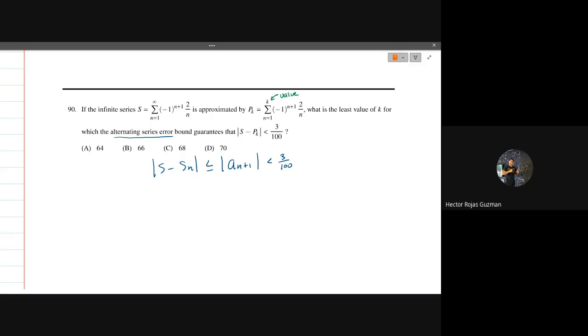Well, according to the formula, the maximum amount that the sum of the series is going to be off by is going to be by the value of the next term, the 7th term. So, okay, again, we don't know how many terms we have to pick, right? We know it's k. So if I follow my formula, I'm just going to go ahead and use k plus 1.